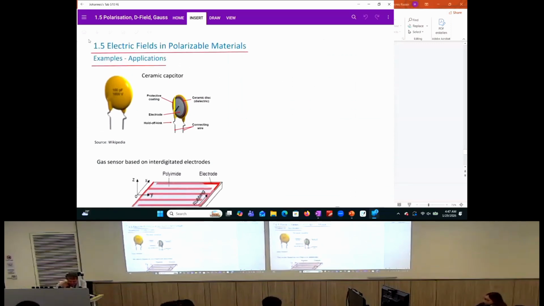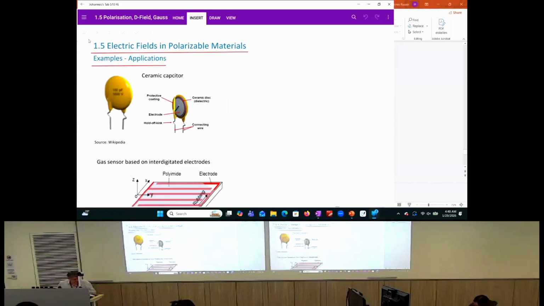You have here a capacitor. This is a special example of a ceramic capacitor. You know, the basic concept of a capacitor is that you have two electrodes. There's a ceramic disc in the center, and this basically separates one electrode from the second electrode. The capacitor is used to store energy, that is among its purposes.